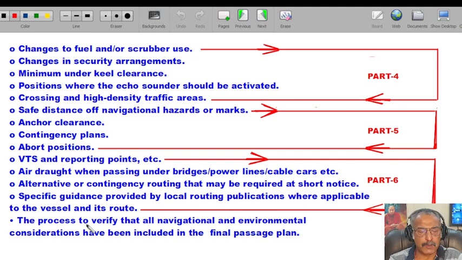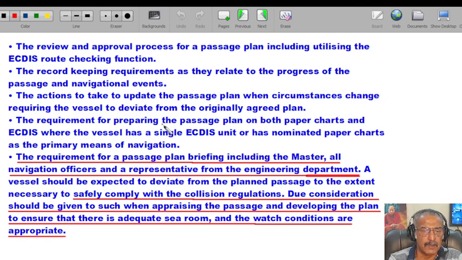The process to verify that all the navigational and environmental considerations have been included in the final passage planning. That is, this process is there to verify that all the navigational and environmental considerations have been included in the final passage planning. Now, this is all from SIRE 2.0.